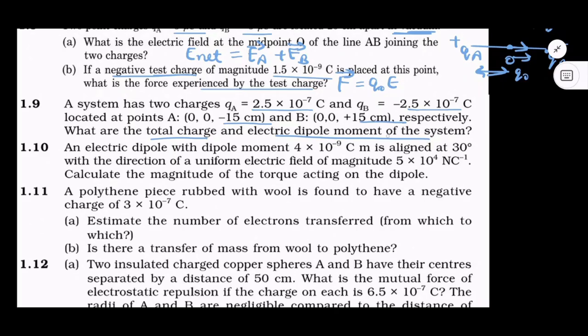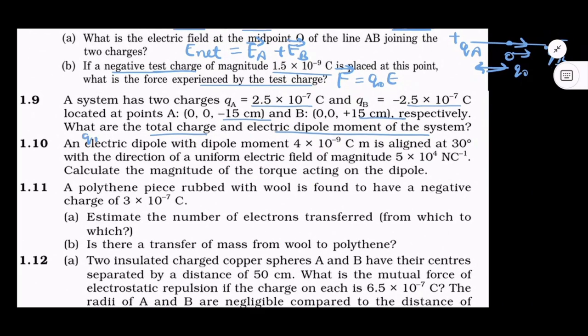Now you have to calculate the total charge and dipole moment. How will you calculate it? As we can clearly see, the charges are equal in magnitude but have opposite sign. So if we add both the charges, we get net charge 0.